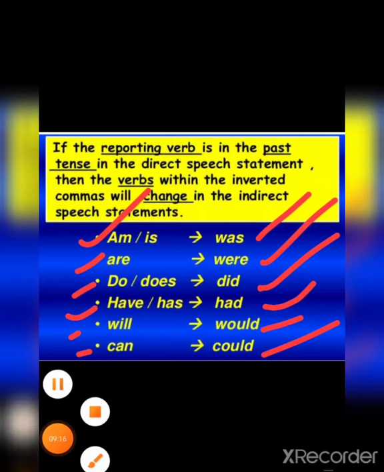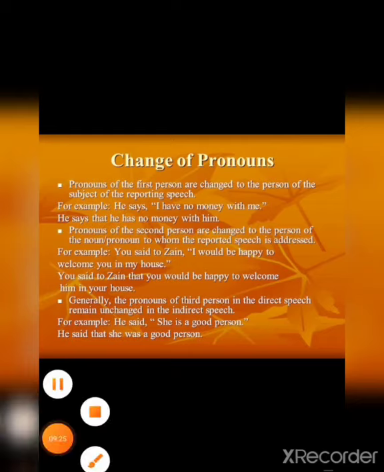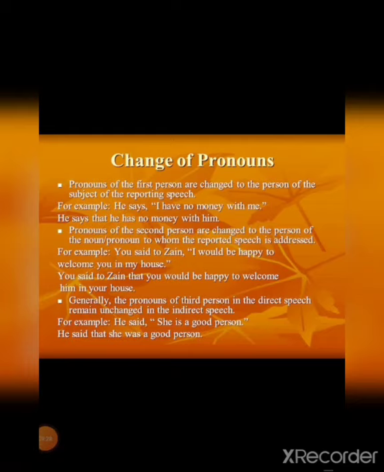Okay? Another important thing that we have learned, that there will be change of pronouns. The pronouns will be changed according to the sentence, according to the speaker. Okay? For example, look over here. He says, I have no money with me. So, in indirect speech, it will be, he says that he has no money.